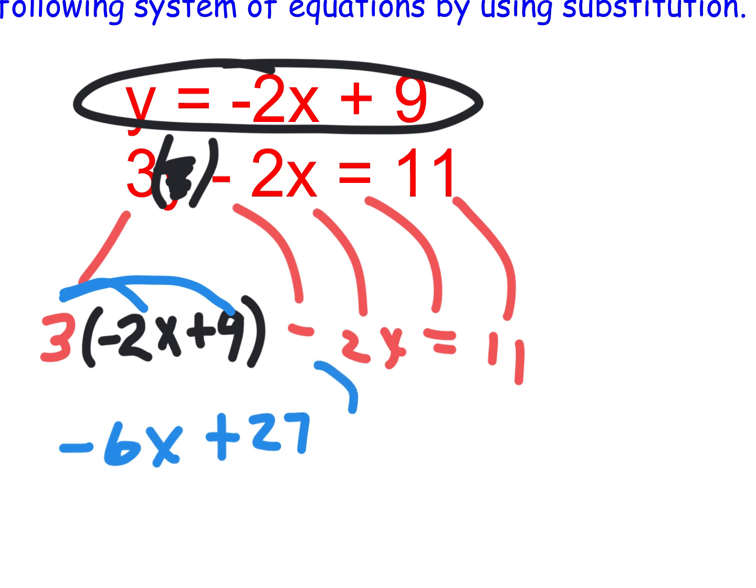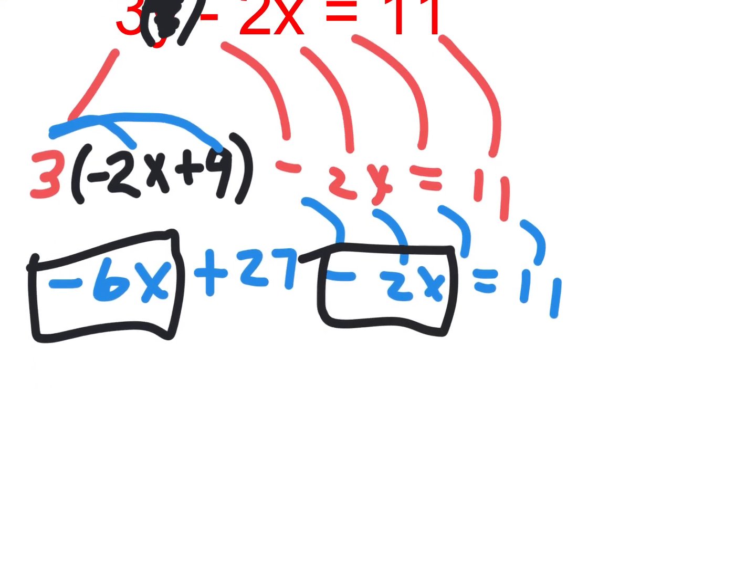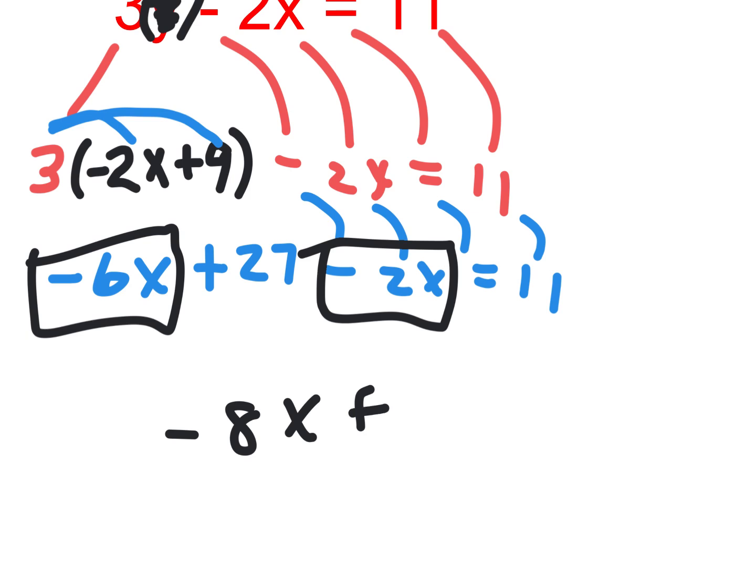Now I'm just copying it all down. Gavin, do you know what to do next? Minus the 6. That goes with what? The -2. Yes, and makes what? -8. Yes, -8x plus 27 equals 11.